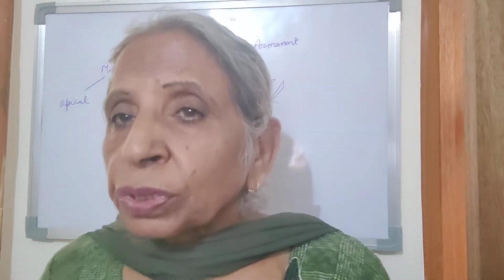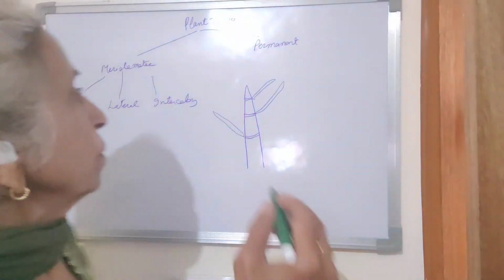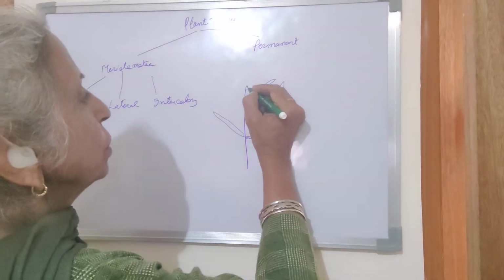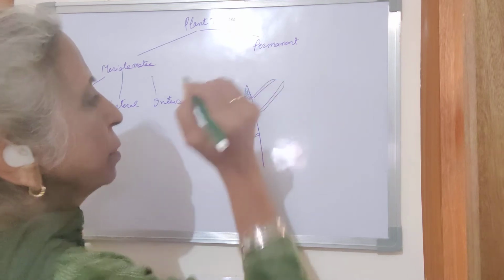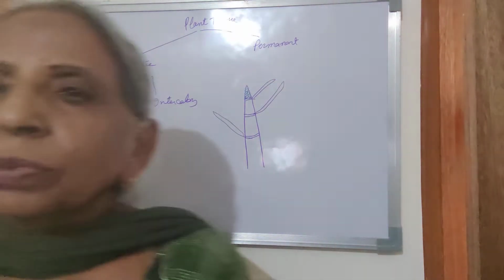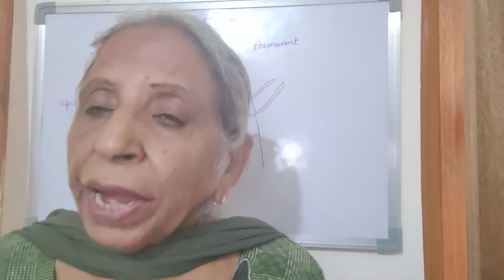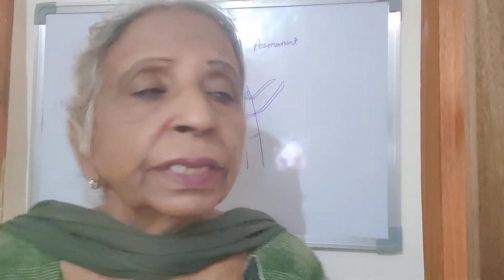Apical meristem is present in the tips of roots and shoots. They help in elongation of the roots and elongation of the shoot. So they are present at the tip, and they help to add to the length of the plant organs, root and shoot.